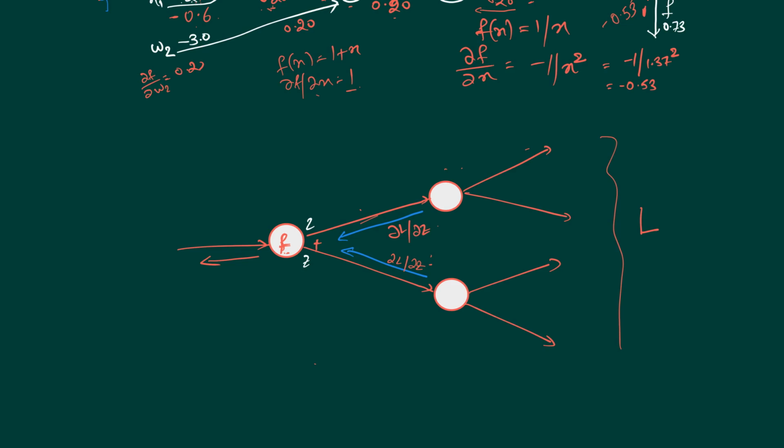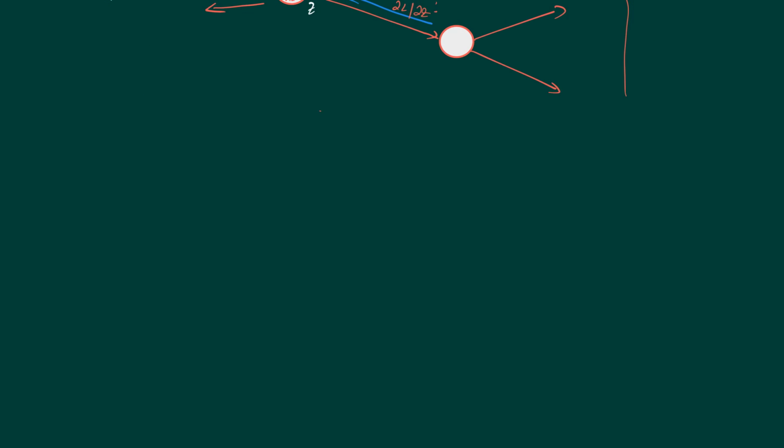So from a computation perspective, all we need to do is, for each of these gates, be it an addition gate or a multiplicative gate, define a forward function and a backward function.